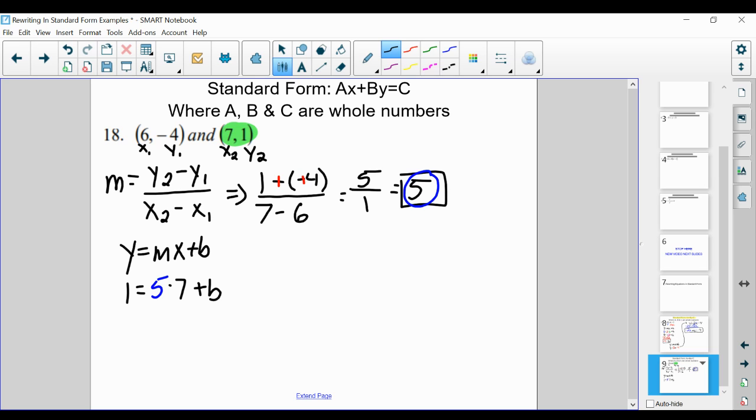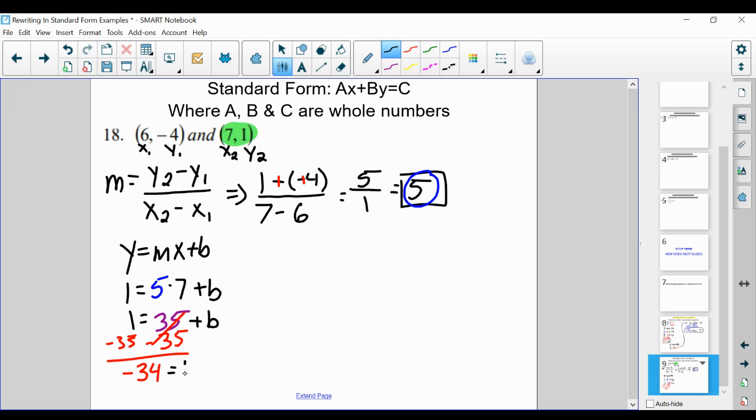We can multiply 5 times 7, which is 35, and we drop down everything else. We want to isolate that b term, so we're going to have to subtract 35 on both sides. In doing so, those 35s cancel out, and we're left with 1 minus 35, which is -34.